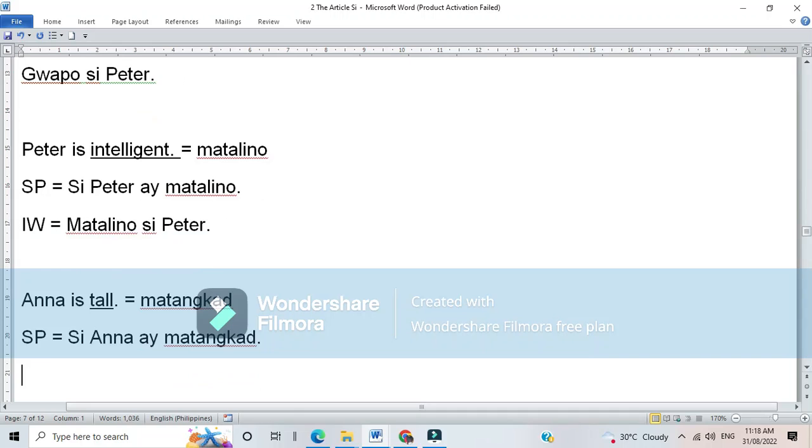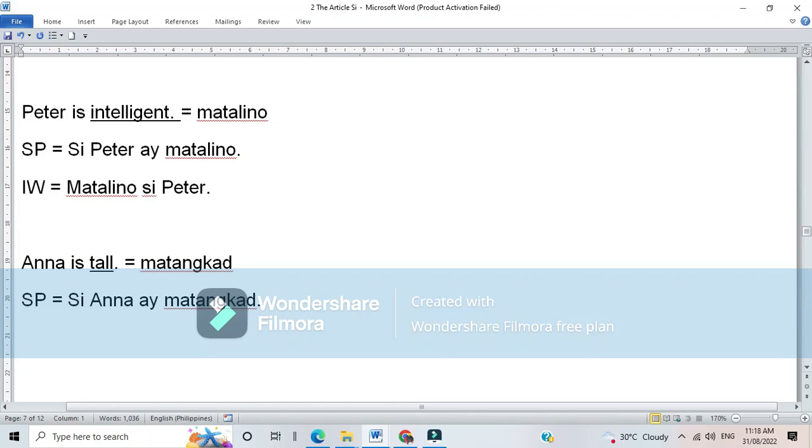How about the other sentence? Let us say it using the inverted word order. We start the sentence with our predicate. Matangkad, si Ana. Again, no need to use ay in this sentence. We only use ay if you are using the subject predicate sentence. For inverted word order, no need to use ay.